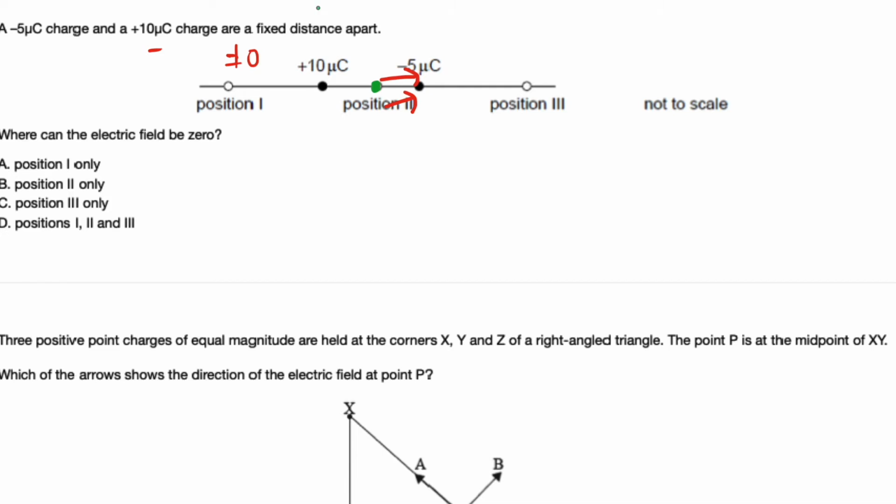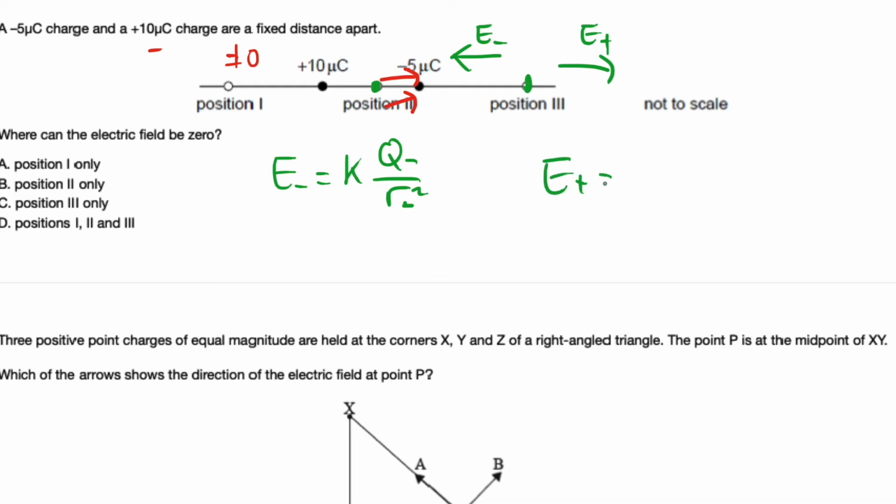For this position 3 here, the positive charge is going to radiate outward, so to the right, and the negative charge is going to radiate inward, so to the left. E minus is going to be equal to KQ minus over R minus squared.